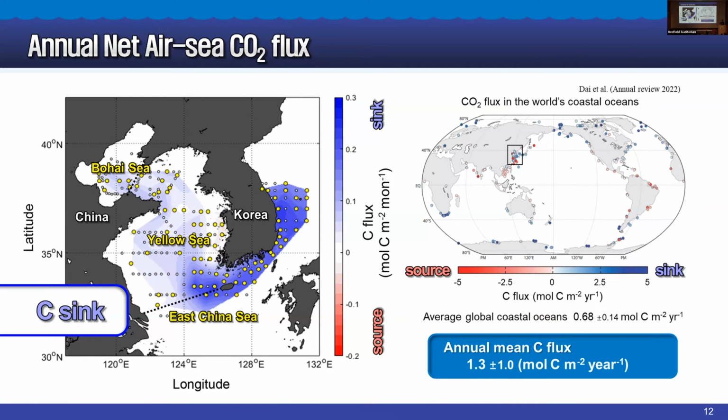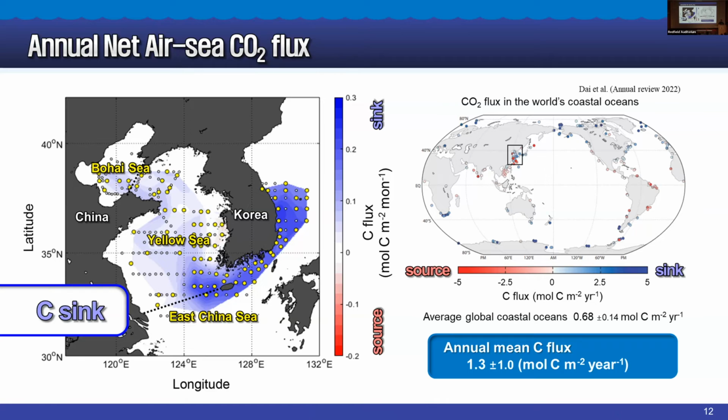The annual average carbon uptake is about 1.3 moles carbon per meter squared per year. That is roughly two times greater than the global average of the coastal ocean, which was tabulated by Laruelle last year.